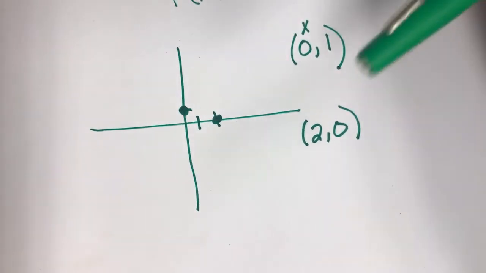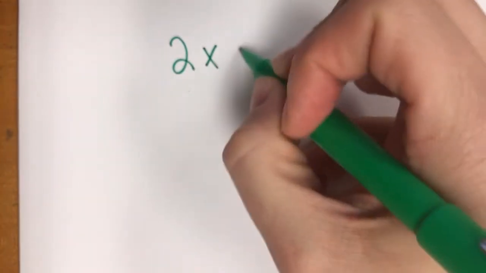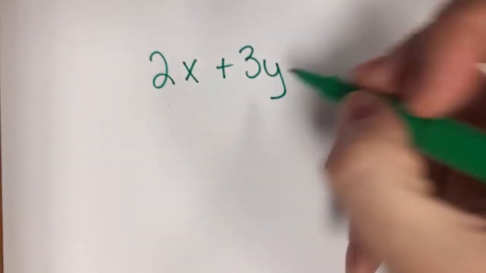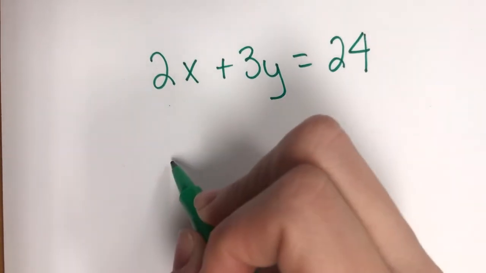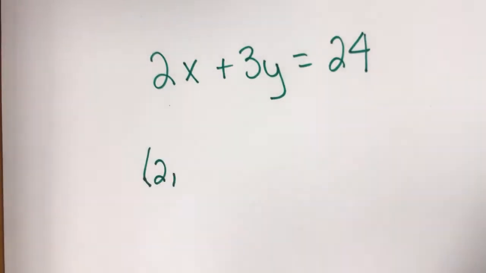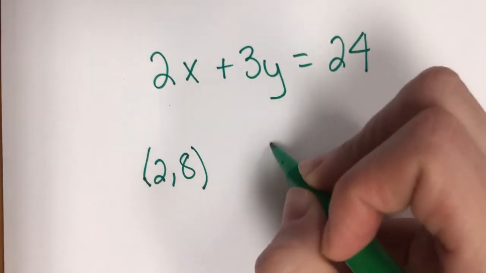We should also be able to check and see if something is a solution for an equation. So regardless of what the equation is, we're always checking by plugging in points. So maybe if we have something like 2x plus 3y equals 24, and we want to see if 2, 8 is a solution.